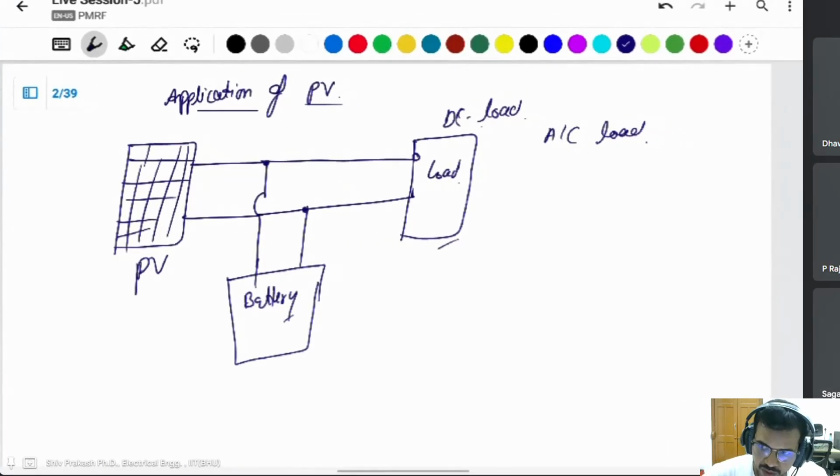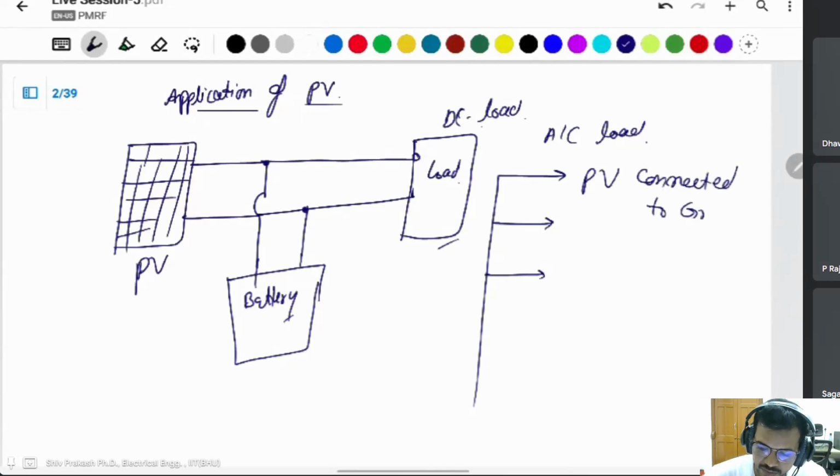You know about DC loads. There are many types, like PV connected to the grid, and others like water pumping.